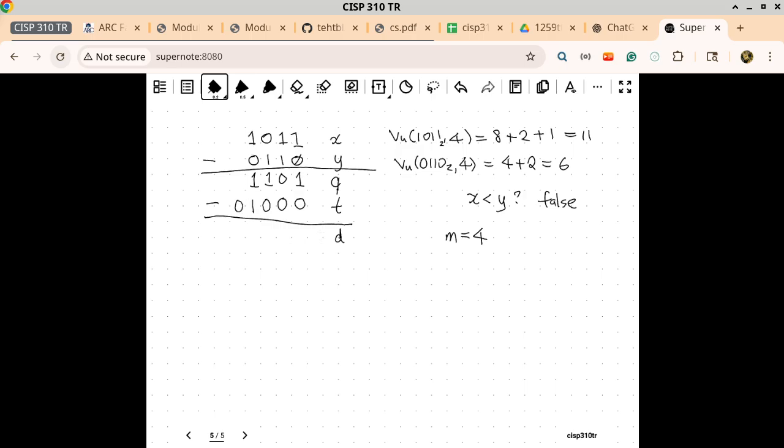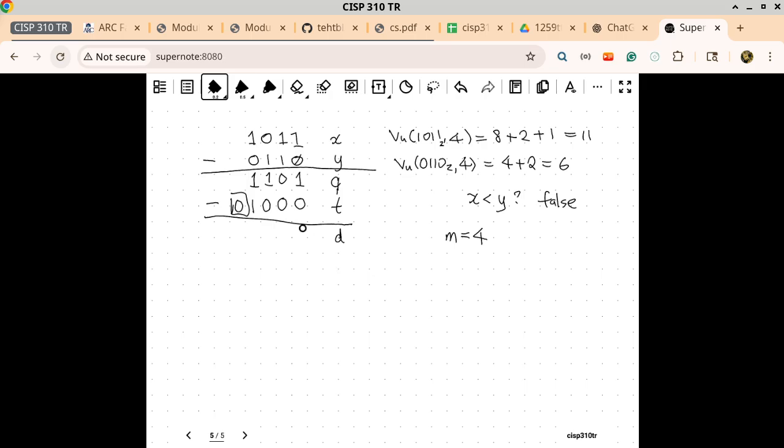Now, technically, we don't even need to know the difference because the only bit I need to know is T of 4 in this case, which is this flag here. This tells me that x should not be less than y. So it is already confirmed. But just for practice, I'm going to finish up the last row.